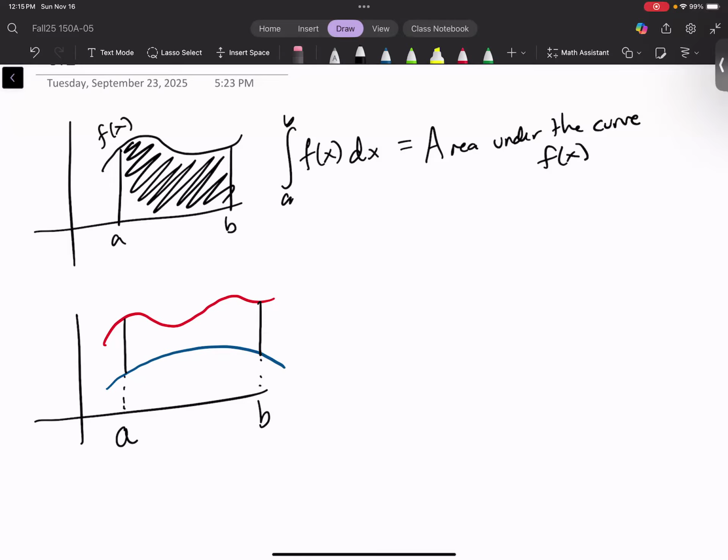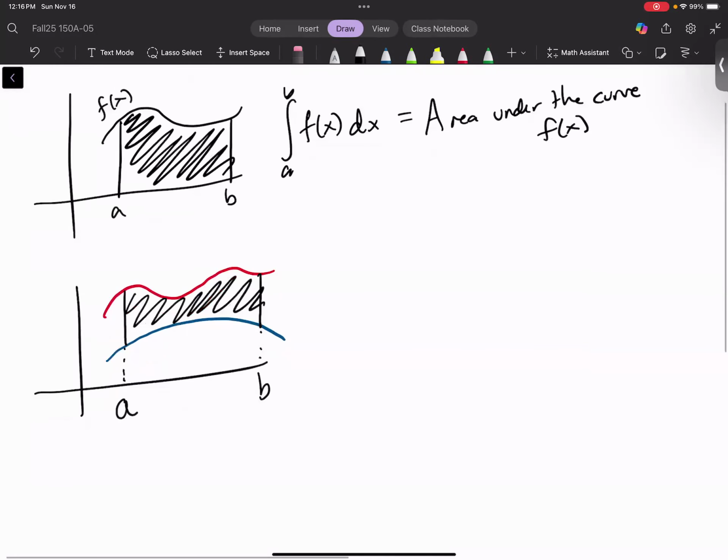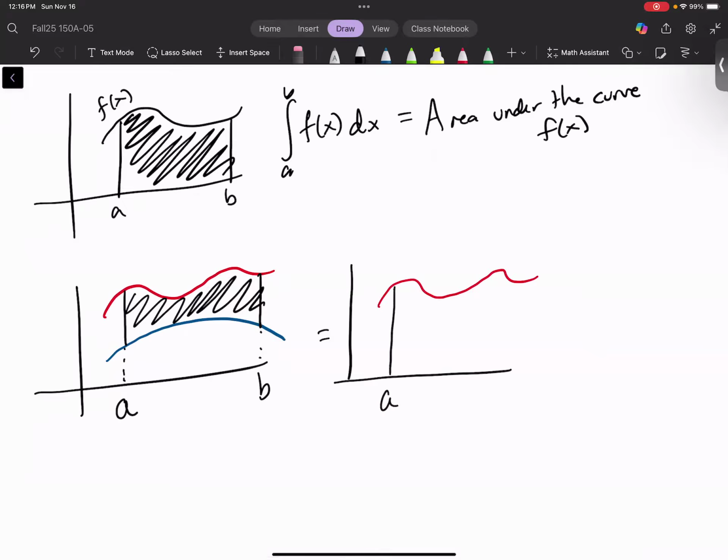This area here is close to the picture we drew above. What I want you to notice is this is the area under the red function. Let me see if I can draw this accurately. Here's a, here's b.